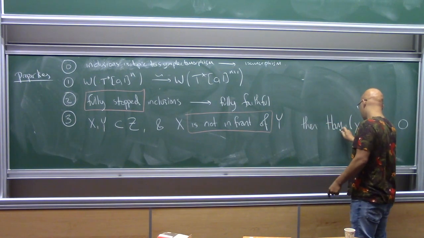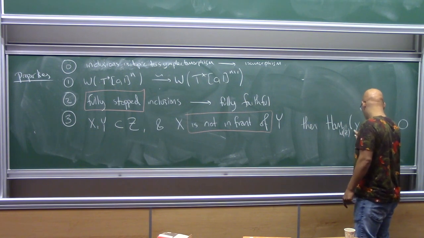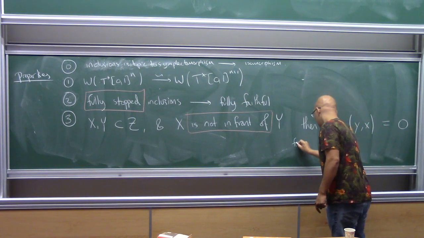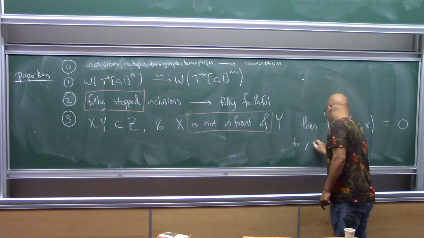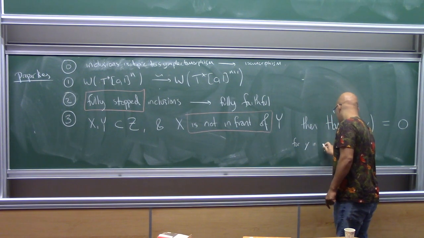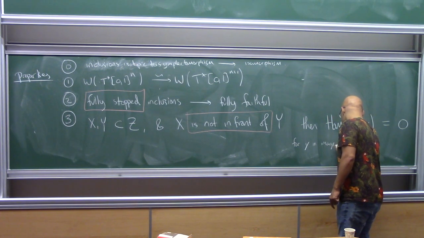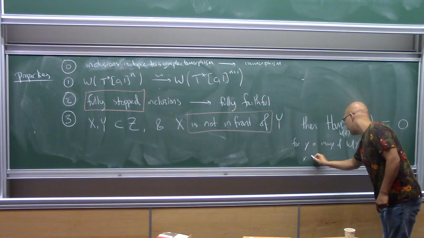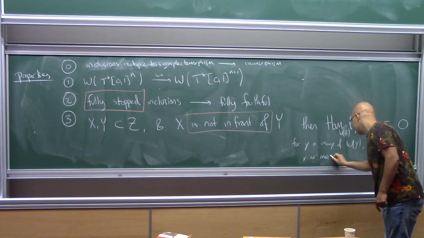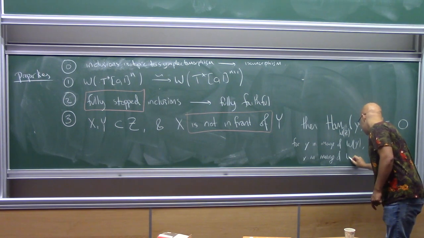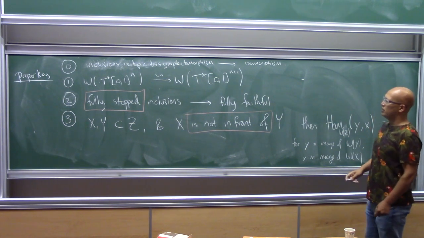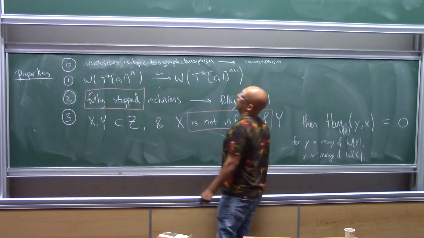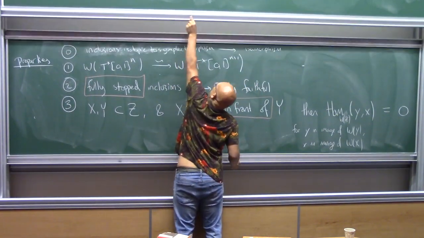Y acts as 0 for X, with Y in the image of W of Y and X in the image of W of X. Okay, so these are it, then there's one more axiom.